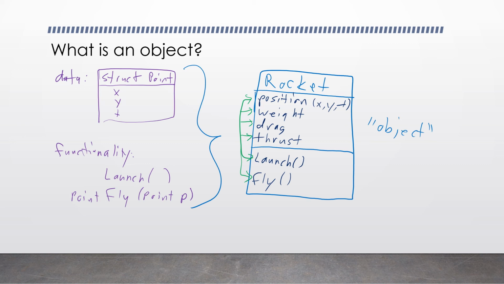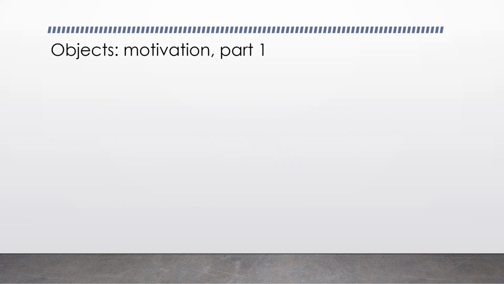Okay, now let's talk a little bit about the why of why you would want to do this. We've seen objects, we've used objects so far in C++. The string data type that we've used, the vector of, say, int that we've used, these are objects that each keep track of their data.